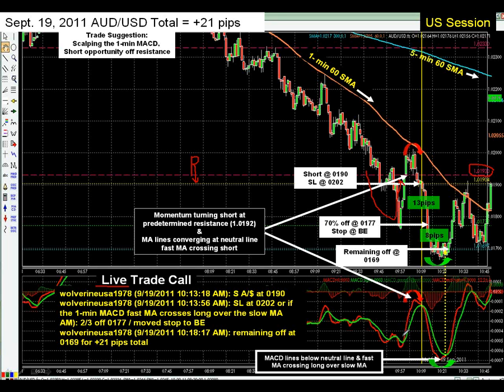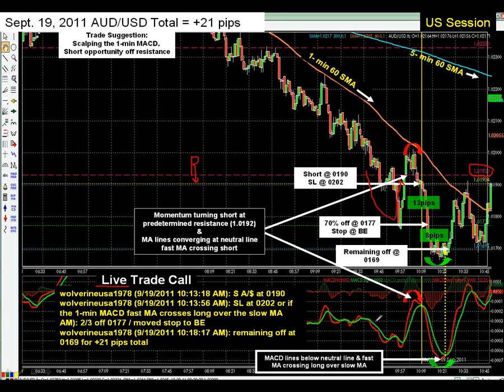And the inputs to these indicators, again, the members and the trial members, you'll get these indicators if you sign up for a 10-day trial, and the inputs are really important to optimize the momentum opportunity. And when you're scalping, remember, it's all about momentum.